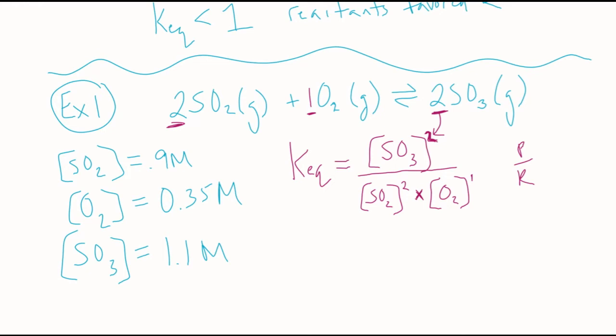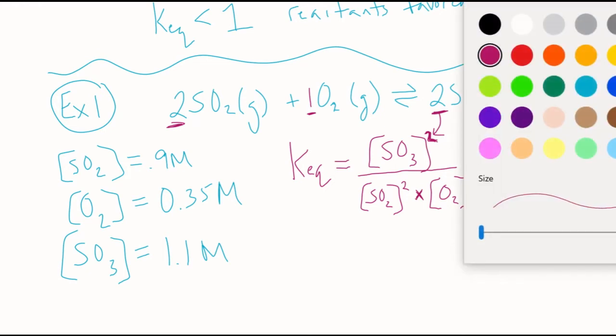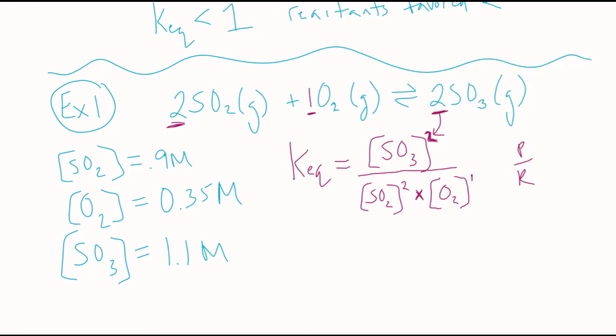Products over reactants. We don't have another product here, but if we did, just for the sake of example, you would multiply by that other product on top as well. We just have the one here, so we don't need that.